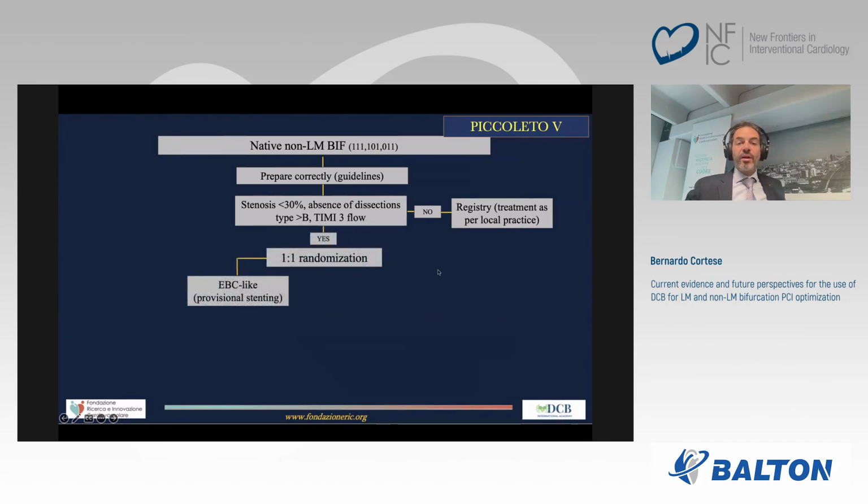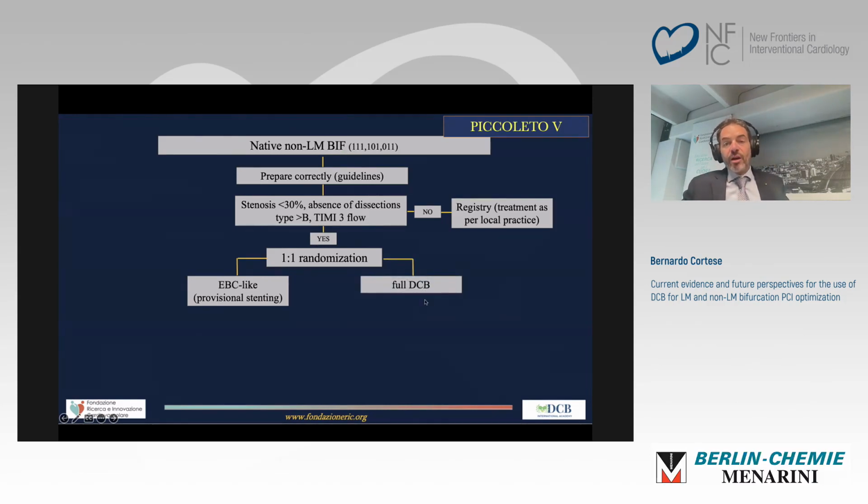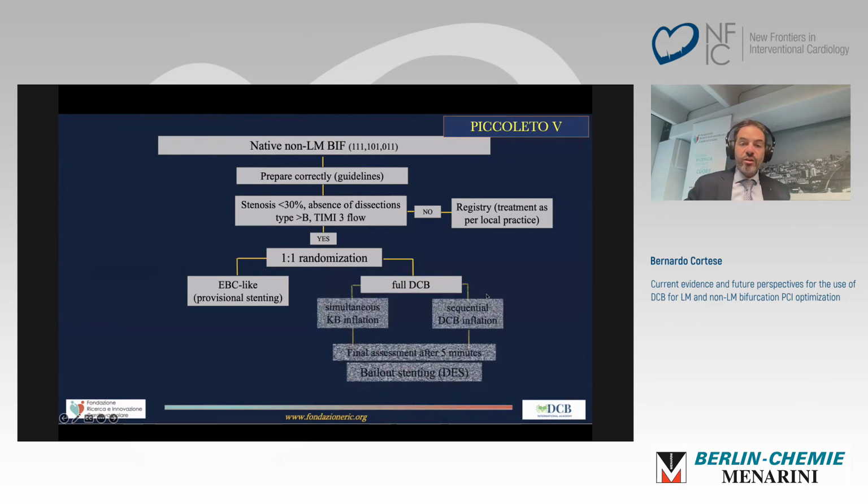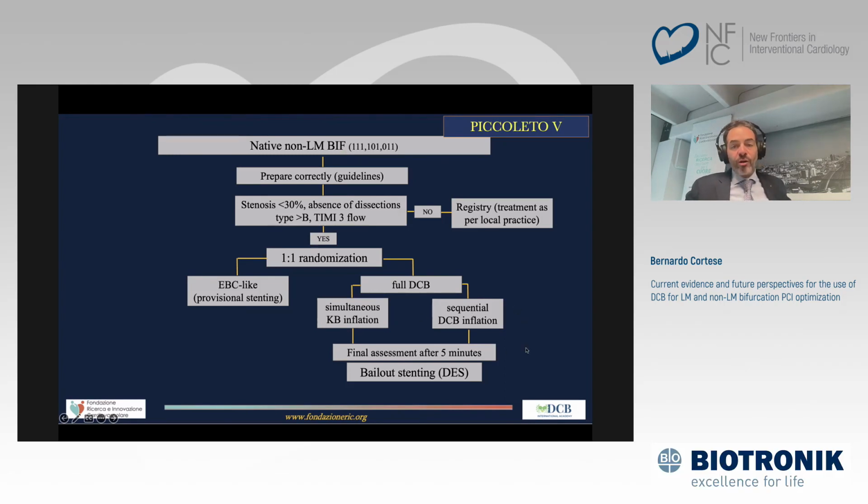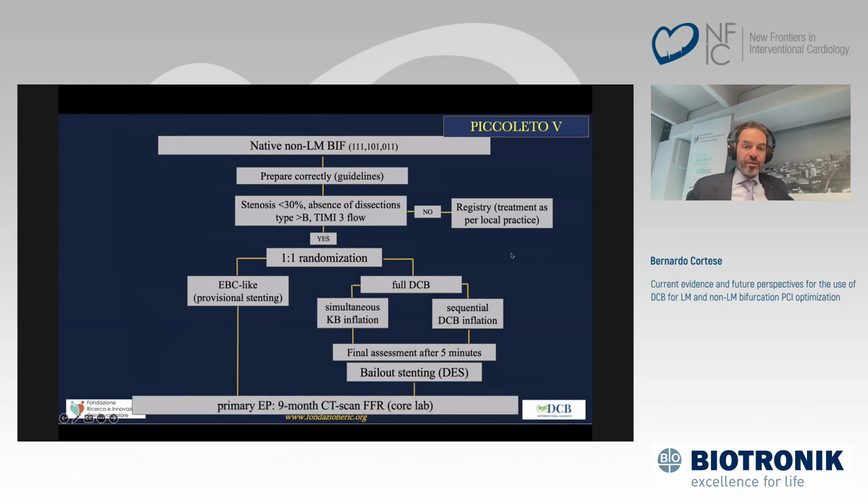Here, we can randomize the patients to EBC-like provisional stenting versus full drug-coated balloon, where we also test the two potential strategies of simultaneous kissing balloon inflation or sequential DCB inflation in the two branches, because so far we don't know which is the best strategy. Obviously, we can also accept the bailout stent based on the result.